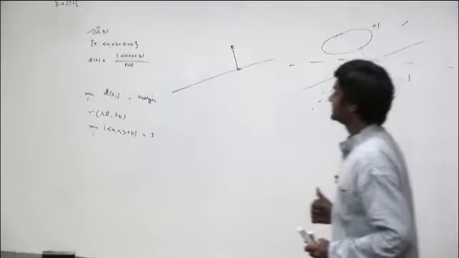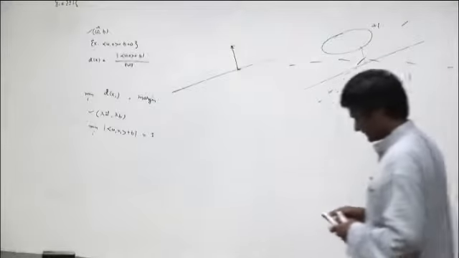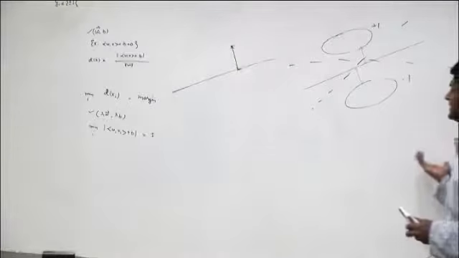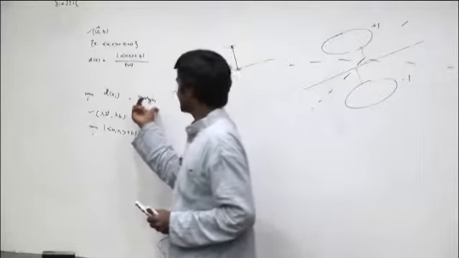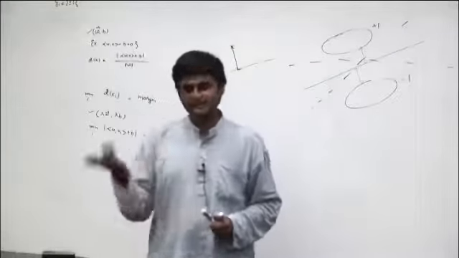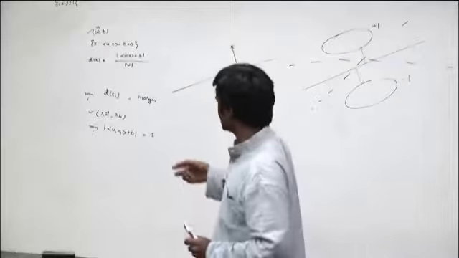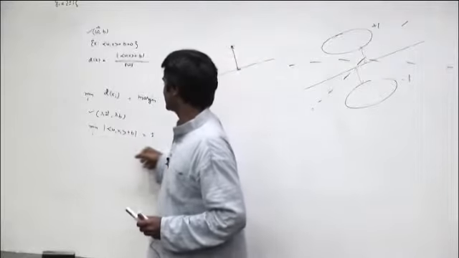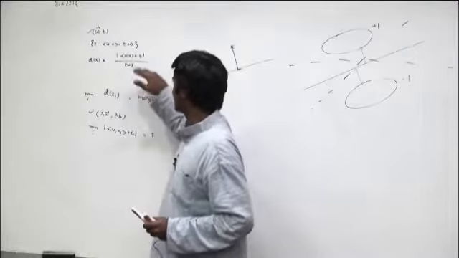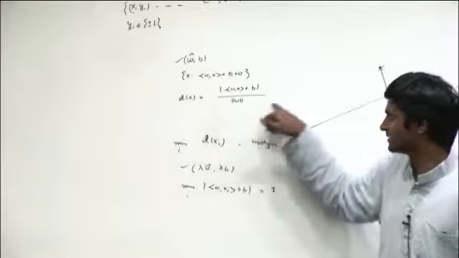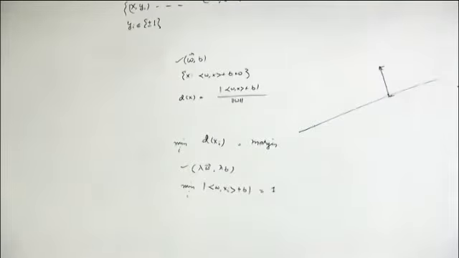Okay, so how do you do that? One way is to take my margin and maximize it. Now you know that the min over i of w dot xi plus b is equal to 1, and the margin is the min of this quantity. Therefore, I am interested in maximizing 1 over norm of w.